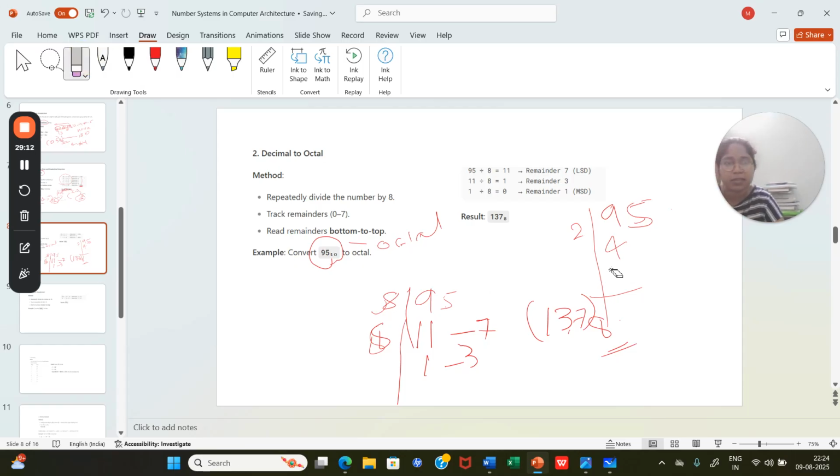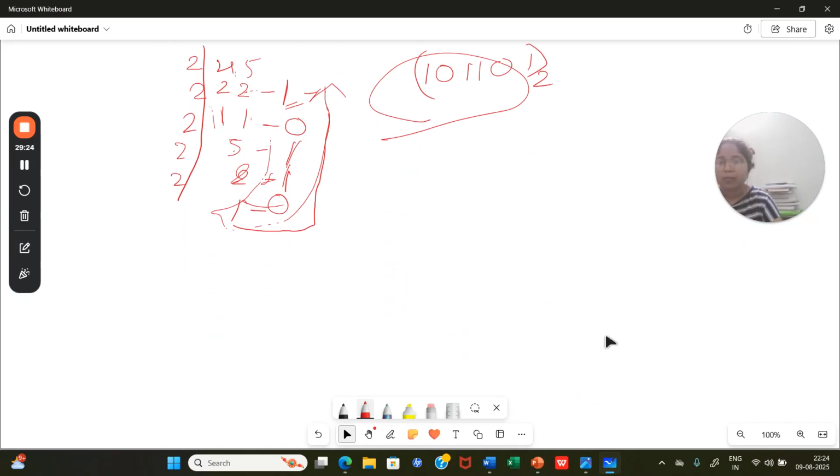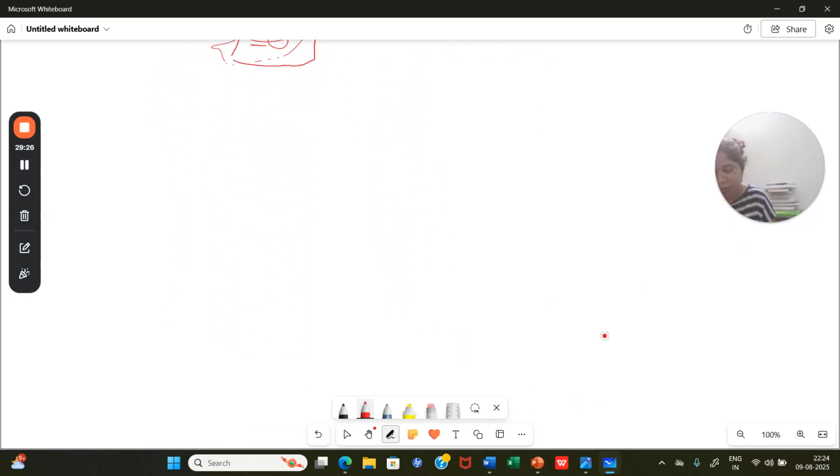I'll take this from this side. Take 95 and divide by 2. Again, the same thing: convert this one to binary.